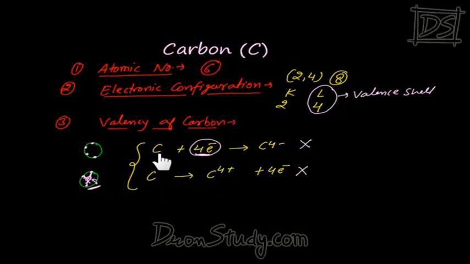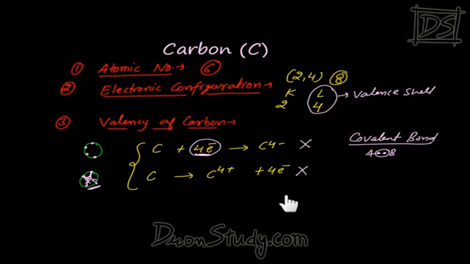So neither are we able to provide carbon with 4 electrons, nor can we take out 4 electrons from carbon. Then how would carbon make bonds? You have studied a bond, the covalent bond. And what is a covalent bond? It is made by the mutual sharing of 2 electrons. And what do we call these bonds? Covalent bonds.